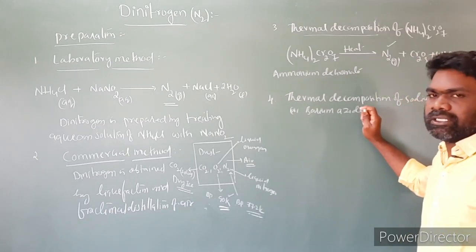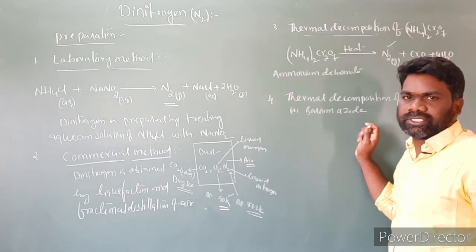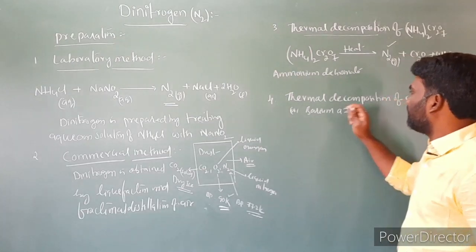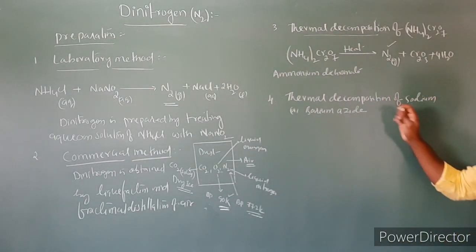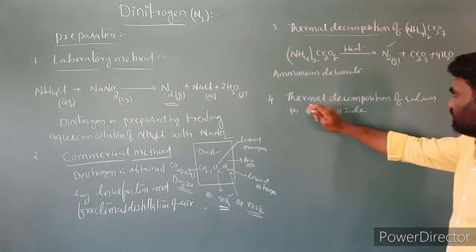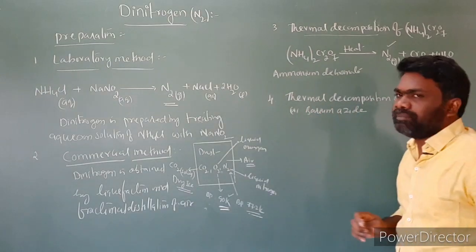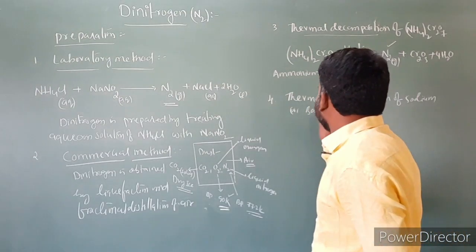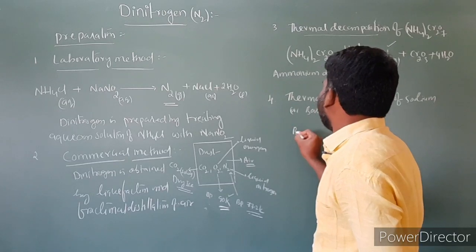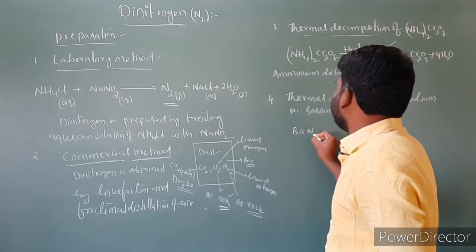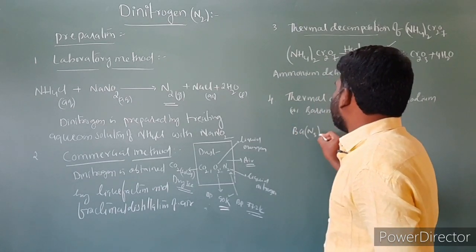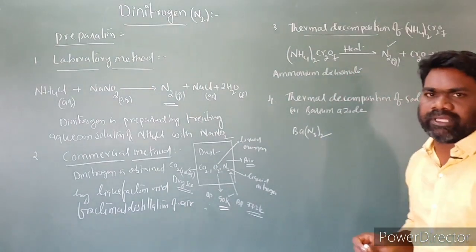By using this method, we are able to prepare pure nitrogen gas. First I am taking barium azide. Formula: Ba(N3)2, taken twice. This is the formula of barium azide.